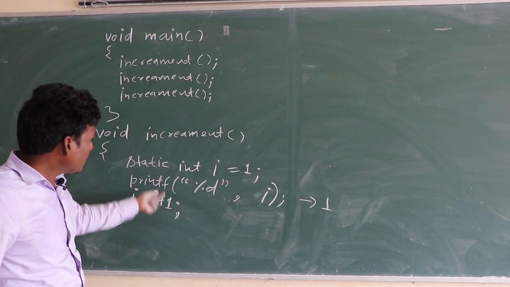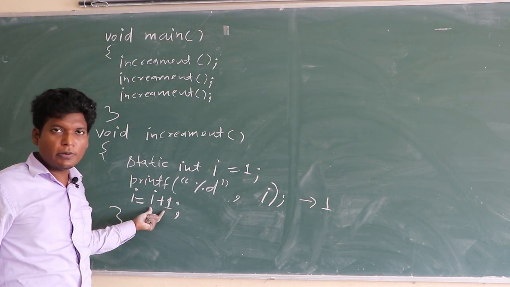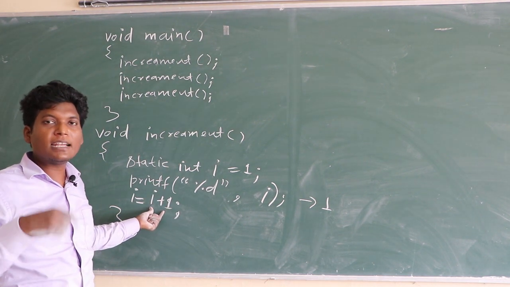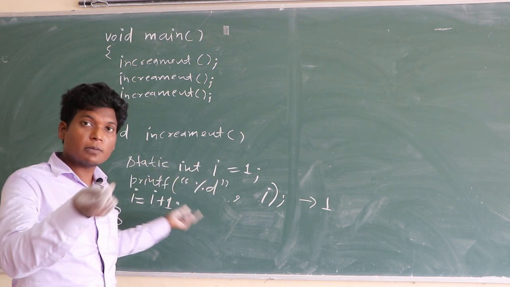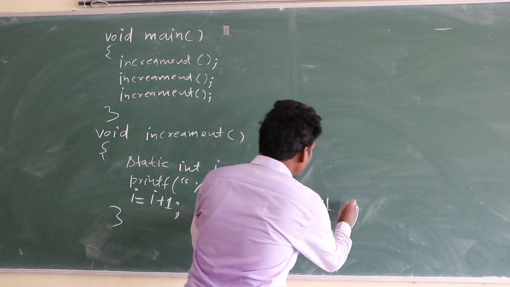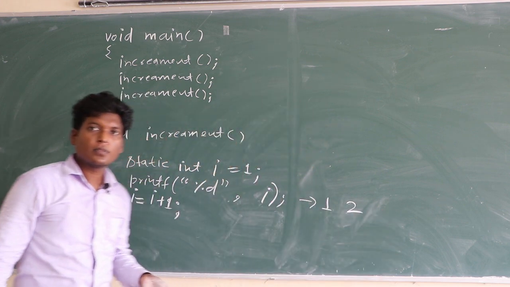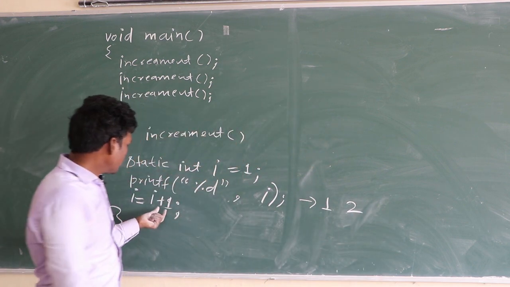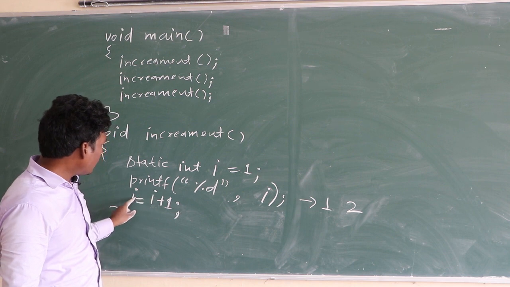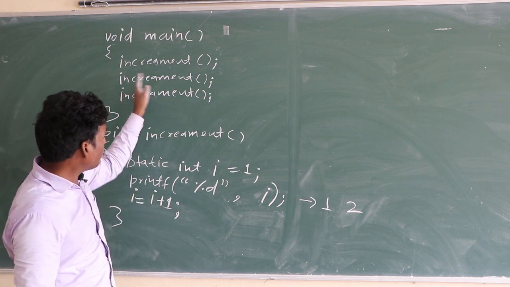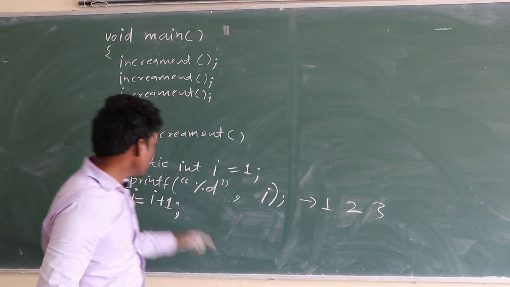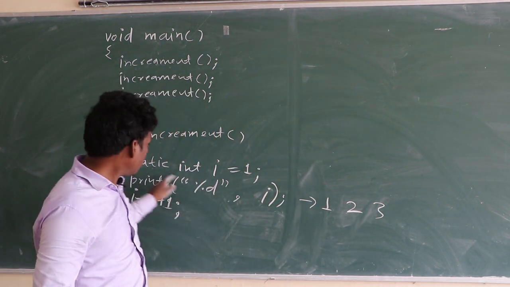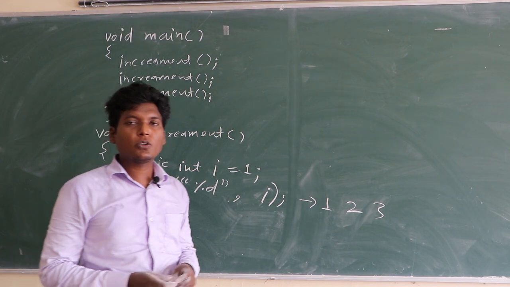So in the previous call i's value will be 2, but when you call the function a second time, it will not be 1, it starts with 2. When you call it three times, then i equal to 2 plus 1 is 3. When you call it the third time, value will be 3, because here is a static storage class.